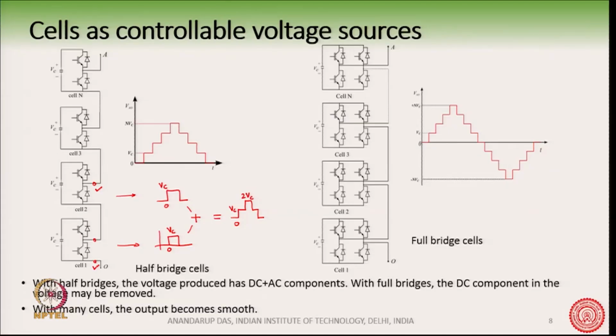Similarly, if we have n number of such cells connected in series, then we get a voltage which is something like this: 0, Vc, 2Vc, 3Vc going up to nVc. Therefore, by using these low voltage devices and low voltage cells, we can get to a high peak voltage, which can be quite high if n is very high.